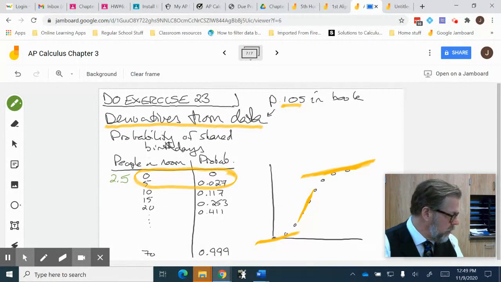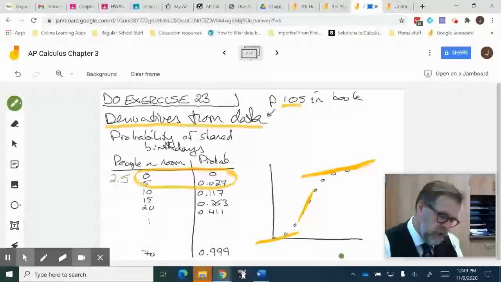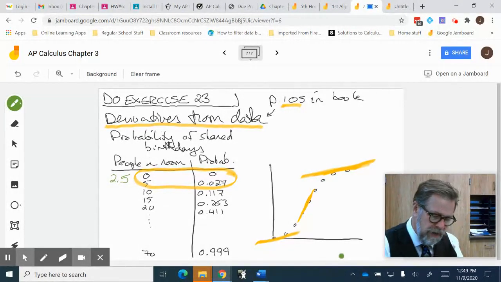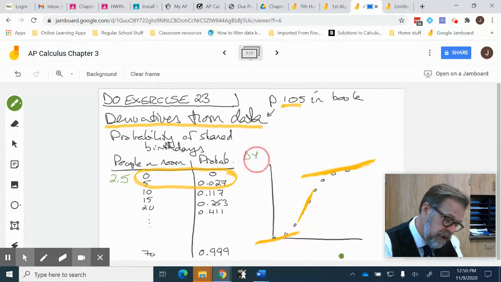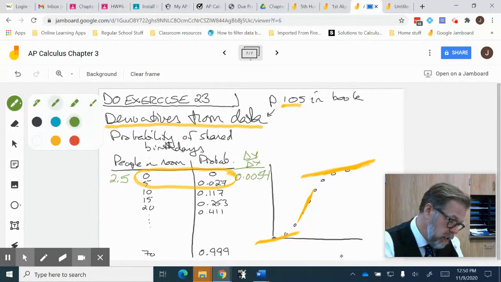So we'll say 0.027 minus 0 divided by 5 minus 0, the rate of change in y over change in x, and I'm going to make a new column here, is 0.0054.